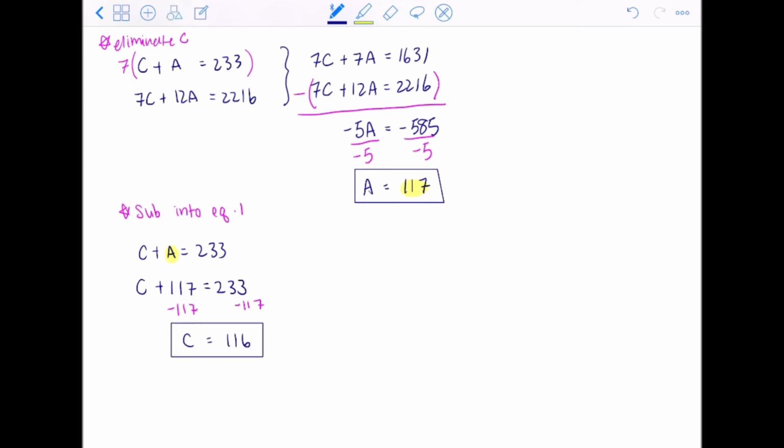All right, so last step. There were 117 adults and 116 children.